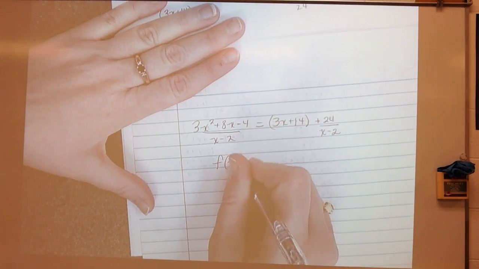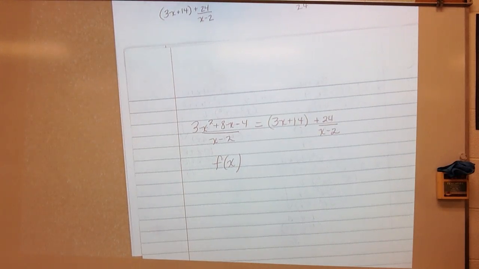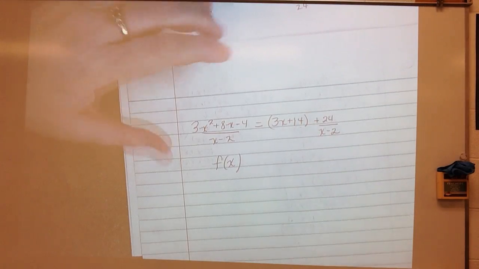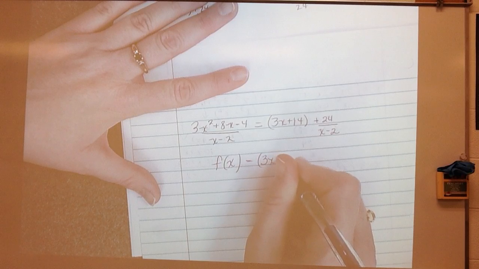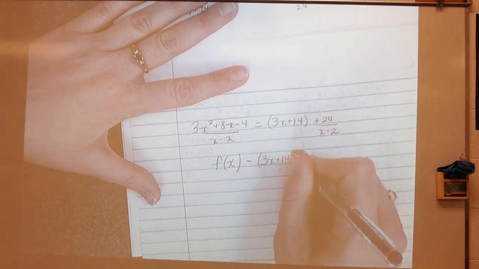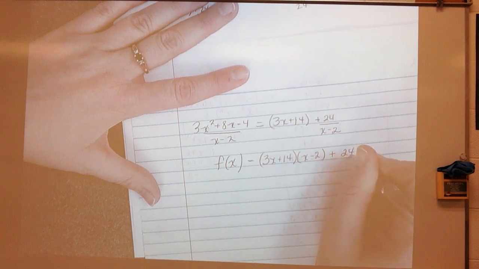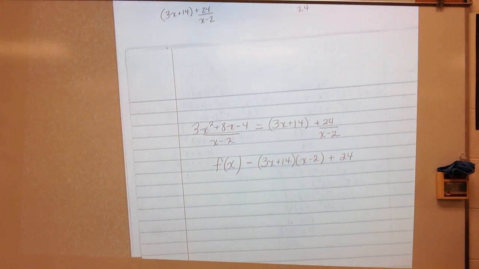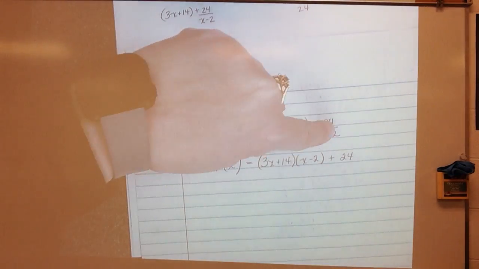I get f of x, which was my original 3x squared plus 8x minus 4. I get f of x is equal to 3x plus 14 times x minus 2 plus 24. Okay? I would multiply everything by x minus 2.